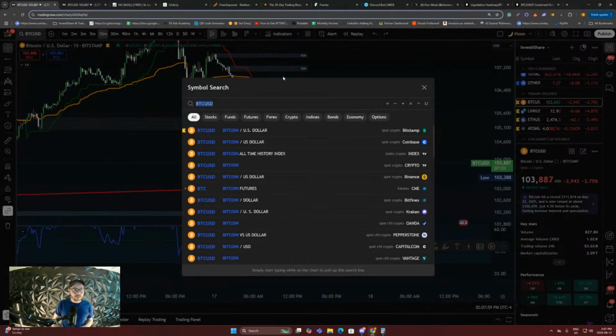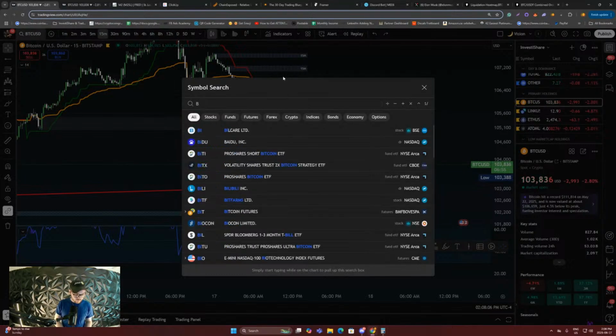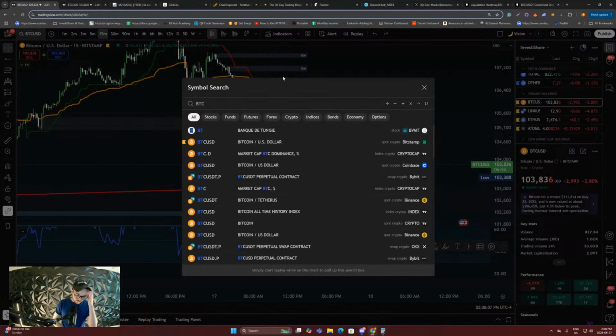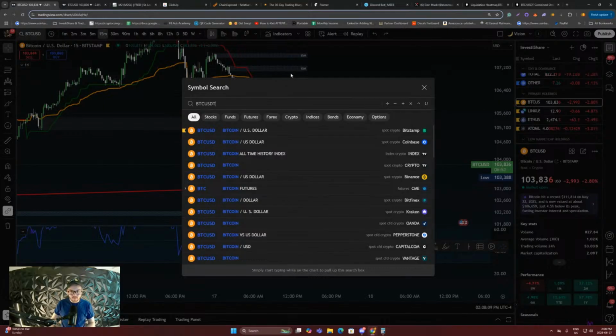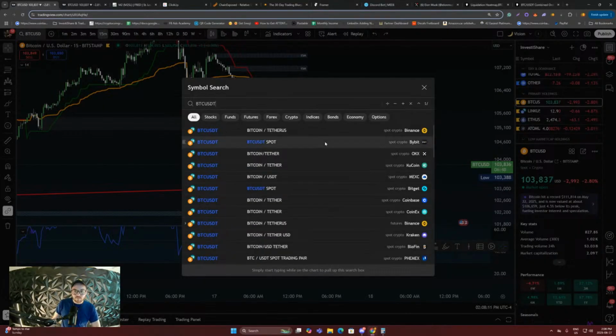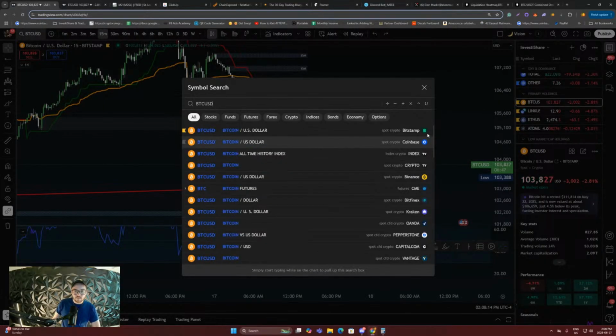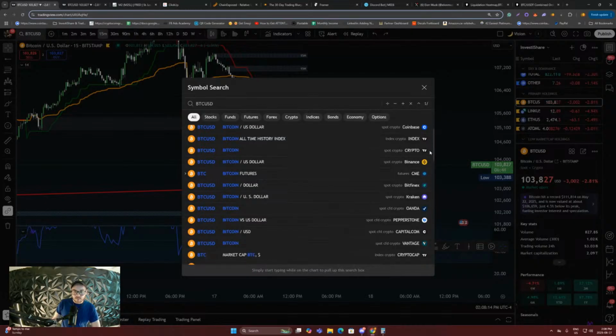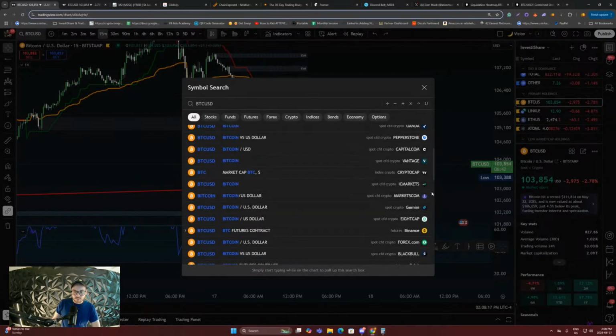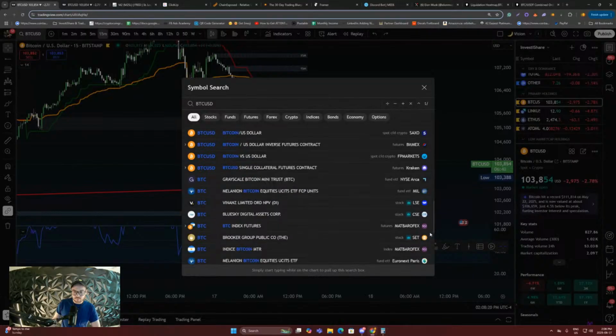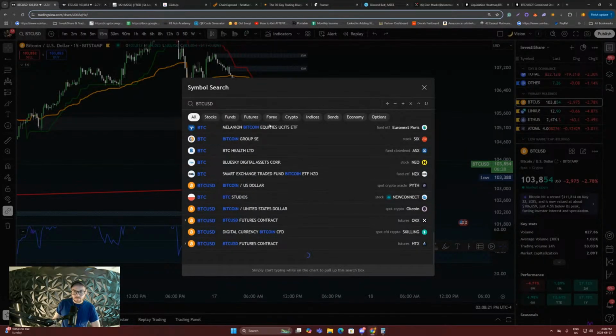So rather than charting on Bitstamp, I'm going to chart it on Bybit. Do we have it against the USD pair, or is it just Tether? Just Tether.